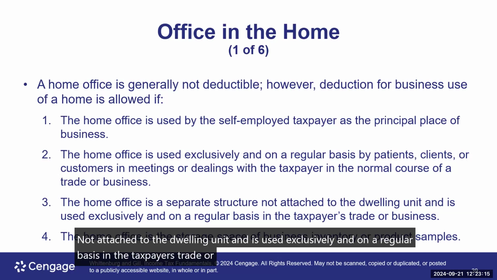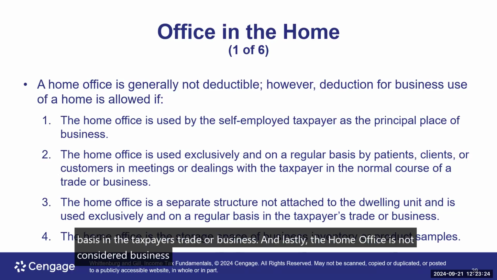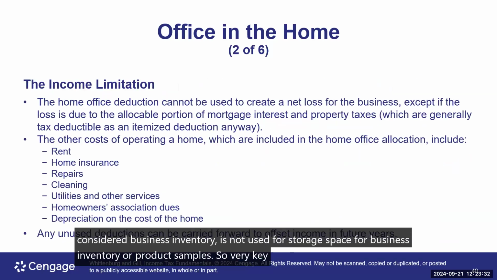And lastly, the home office is not considered business inventory. It's not used for storage space for business inventory or product samples. So very key things as it relates to the home office.